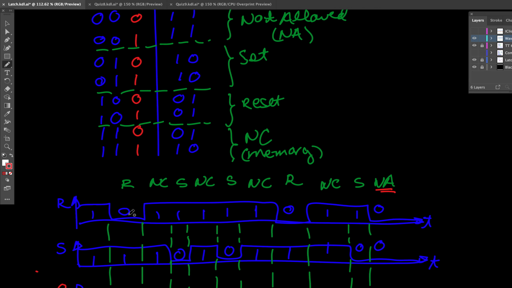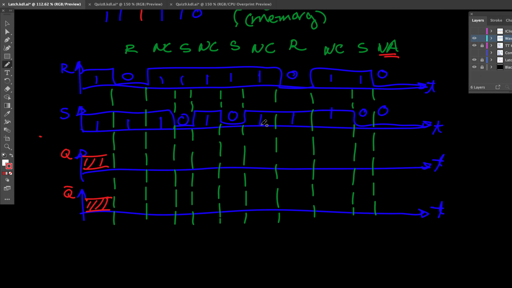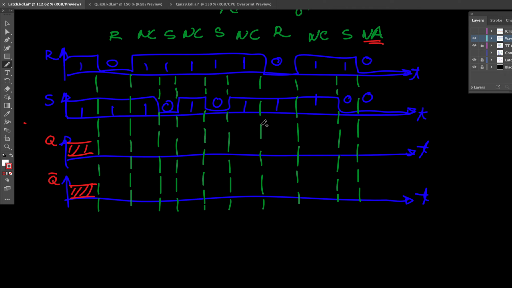So for example, if R is equal to 0, it's going to reset. If set is equal to 0, it's going to set as it shows up here. Completing this, I find out that I generate no changes as well, and then a not allowed when both R and S are equal to 1. Let me go ahead and now fill out the truth table.